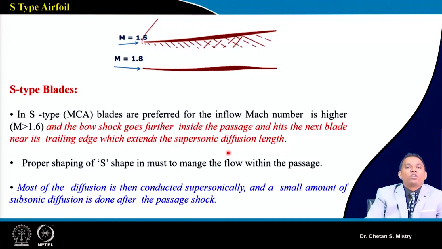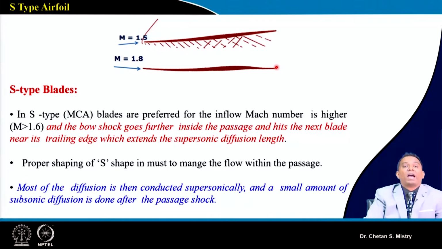Now the next kind of blade that people thought of is the S type or shallow S type of blade. Here this is representing my multiple circular arc aerofoil. Similar to that, this S type aerofoil is being generated. Here this is nearly a straight line, we have curvature here, and this is my trailing edge.